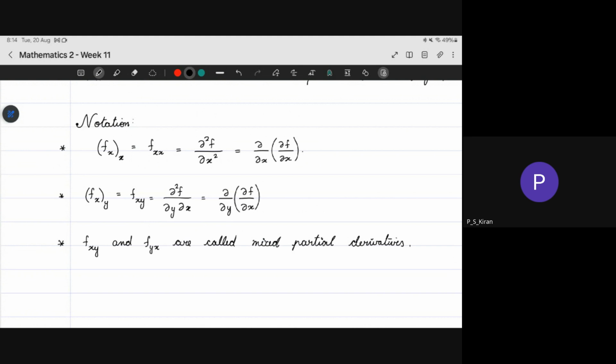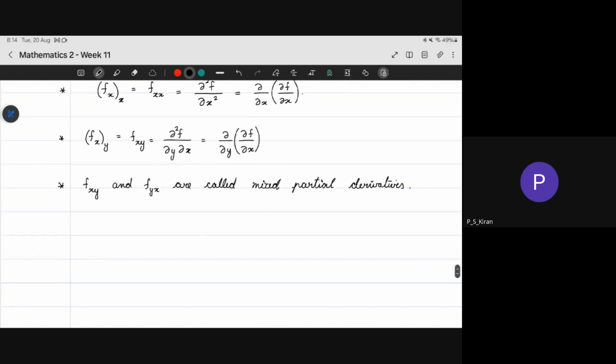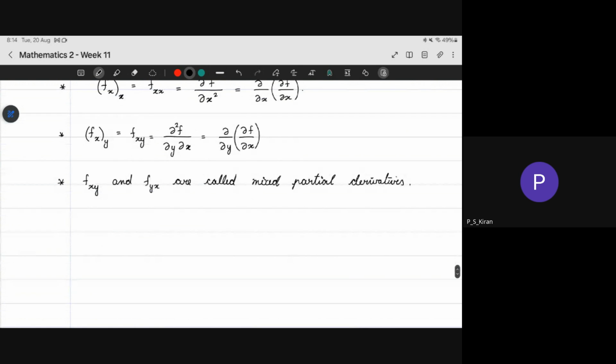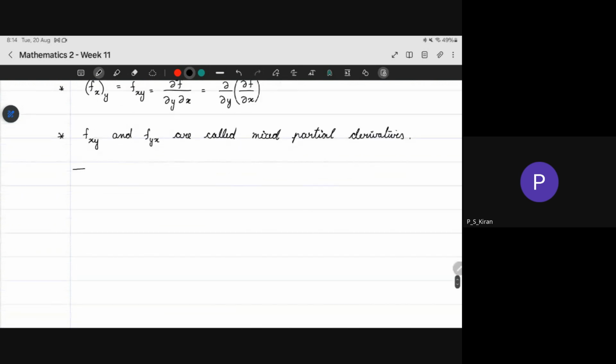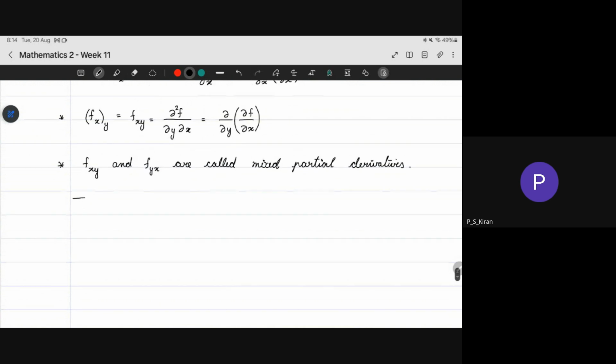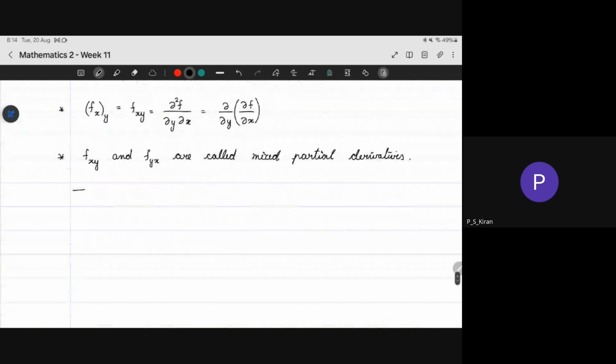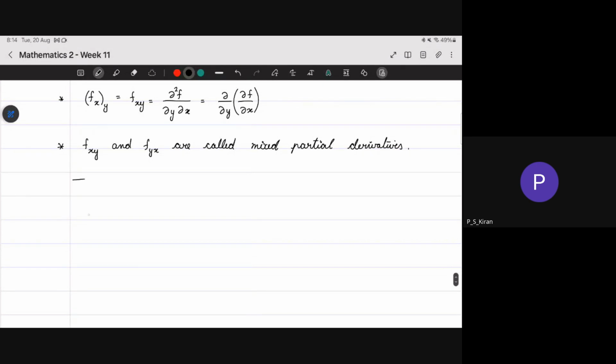A mixed derivative is one in which you have distinct directions of taking the partial derivative. Then it is called a mixed partial derivative. Right, so this was for just the two-dimensional case. You can guess what happens for the n-dimensional case as well.